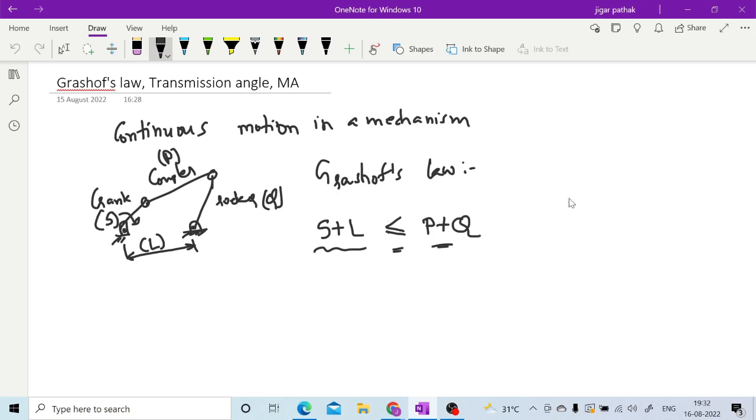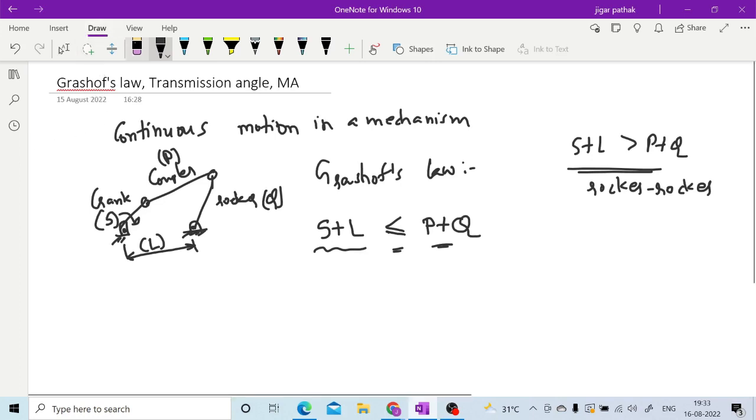If S plus L is greater than P plus Q, then Grashoff's law is not satisfied. You will not have a crank-rocker mechanism or crank mechanism. The only remaining option will be a rocker mechanism. So this is the importance of Grashoff's law.